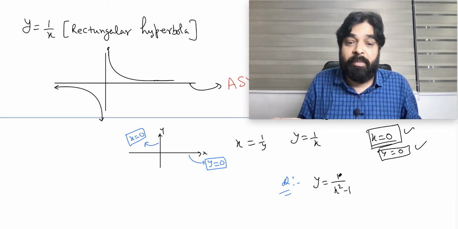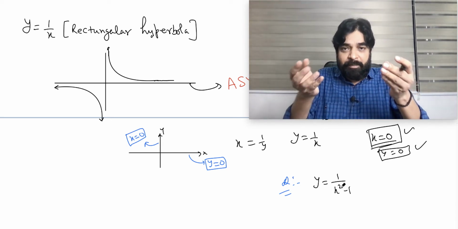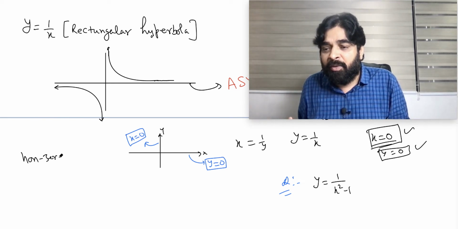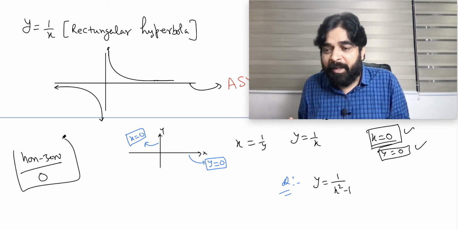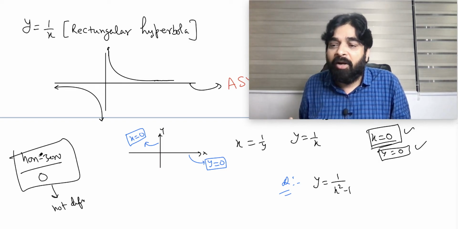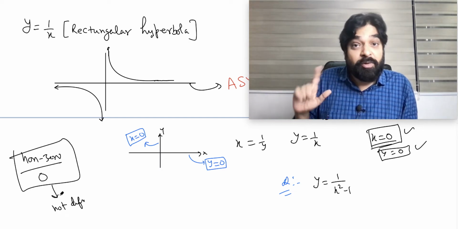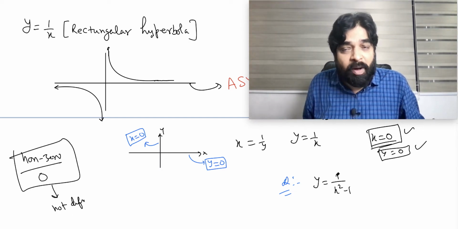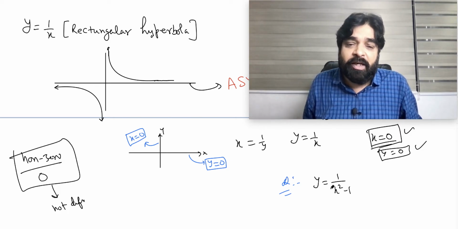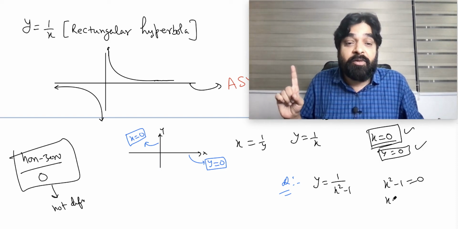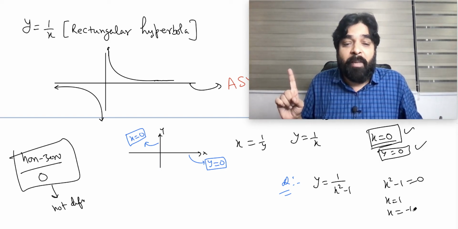Not defined means something non-zero divided by 0. 0 by 0 is indeterminate, we'll see that later. So y becomes not defined only when x square minus 1 equals 0, that means x equals 1 and x equals minus 1.